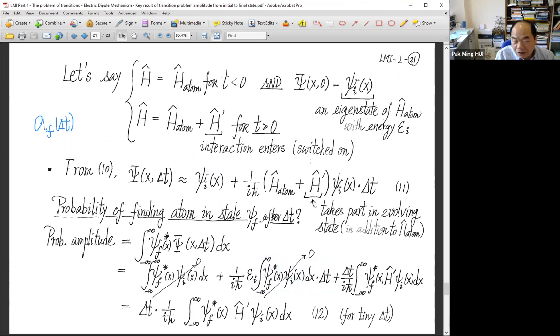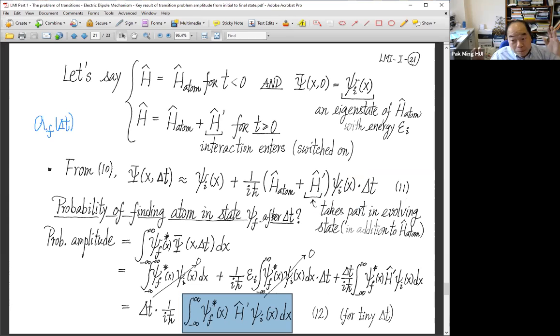Therefore, as I emphasize, it is the perturbation that can take the initial state to some other states. And that some other state may have a little bit of chance for the atom to be found in the final state. So let me summarize.